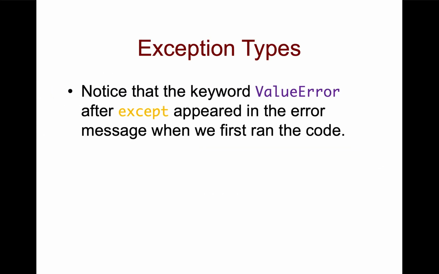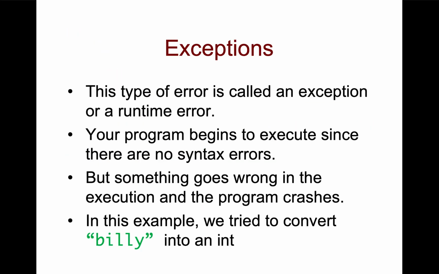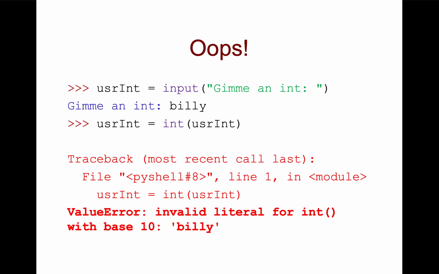You'll notice that the keyword ValueError appears in our code after the except. That was in the error message that we got when we first ran the code. So I'm just going to pop back a couple of slides here and show you that. It's right here, there it is, ValueError.